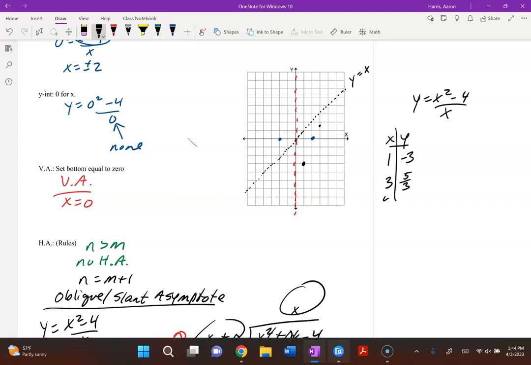I could keep going with this. 4 would give us 16 minus 4 over 4, which is 3. But what you're going to see is it's going to get closer and closer to that slant asymptote from the bottom side. It's similar over here. You just graph some points, and you're going to see it approach from the top side there.